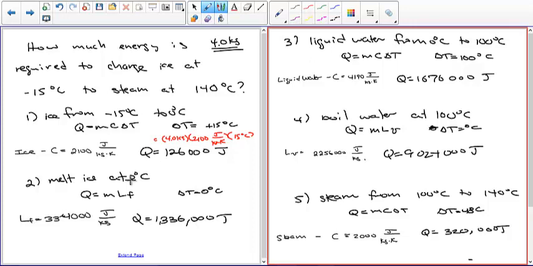So to melt the ice, you take the latent heat of fusion and multiply it by the mass. The latent heat of fusion was 334,000, so you multiply that by 4 and you get that.